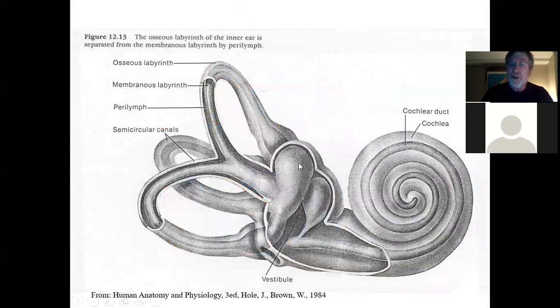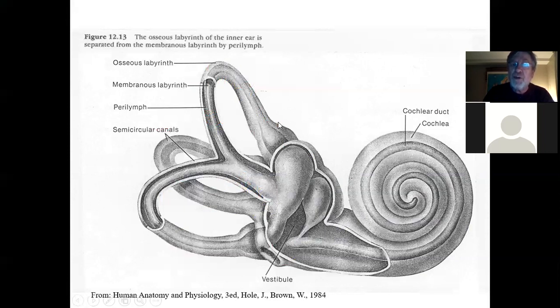All the white is solid bone, and then the gray is dug in. So notice what you're looking at here. You can see this lighter gray area and then a darker gray area. You can see here where they've cut it away, and you can see this gray area inside. Okay? Membranous labyrinth, bony labyrinth.